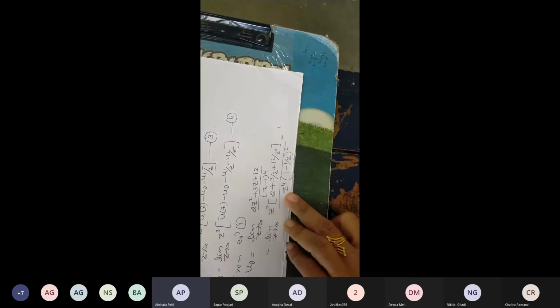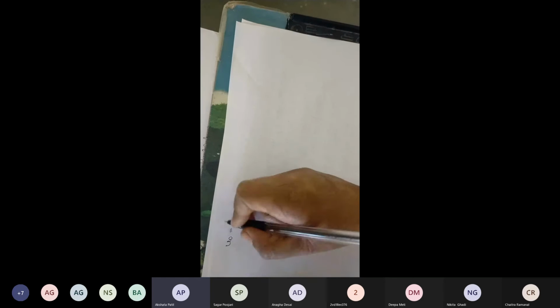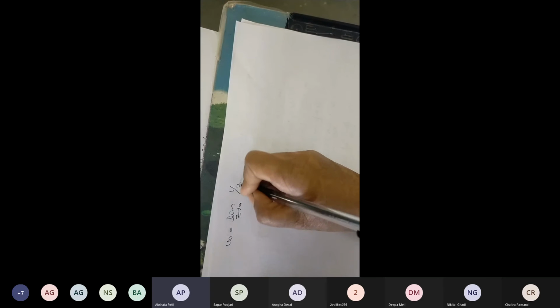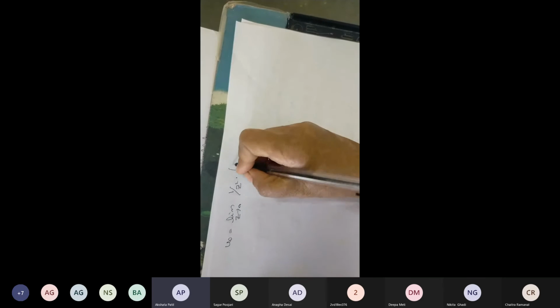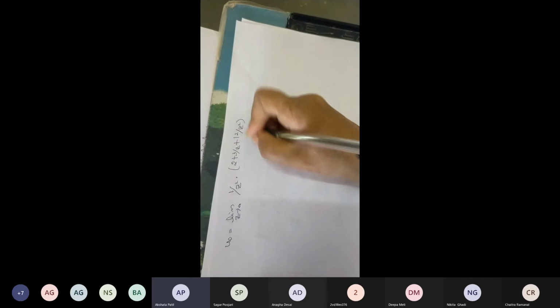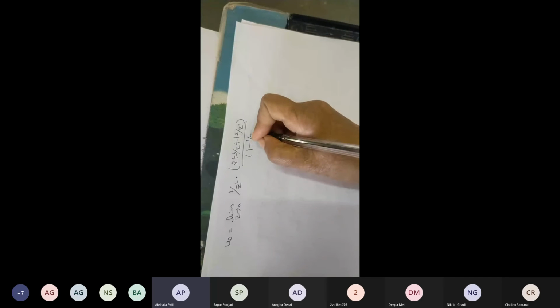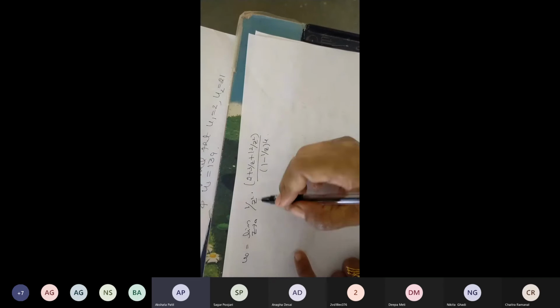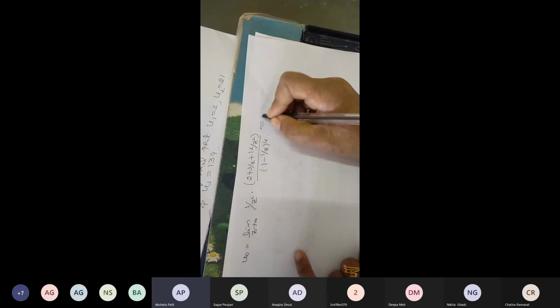So here we can write u₀ equals the limit as z tends to infinity of 1/z², and inside is (2 + 3/z + 12/z²) divided by (1 − 1/z)⁴. Now just substitute z tends to infinity, then you will get the value of u₀ is 0.